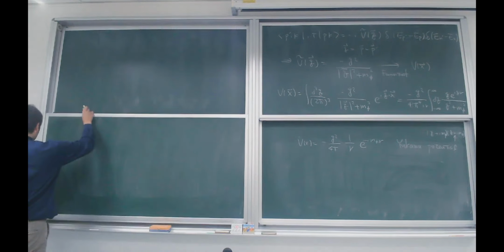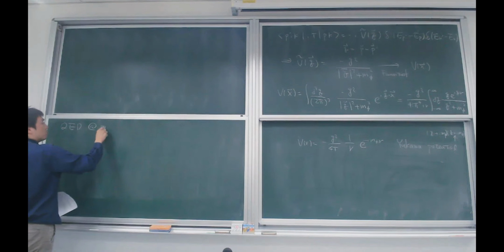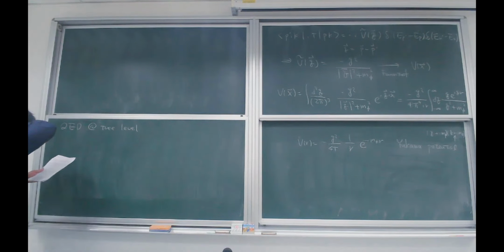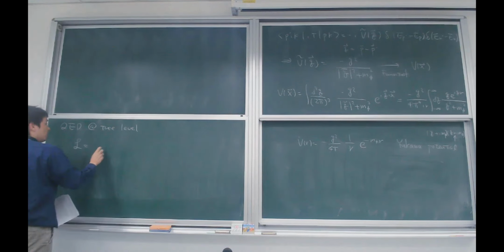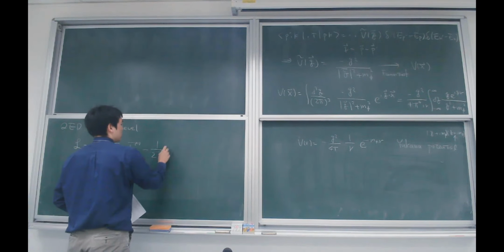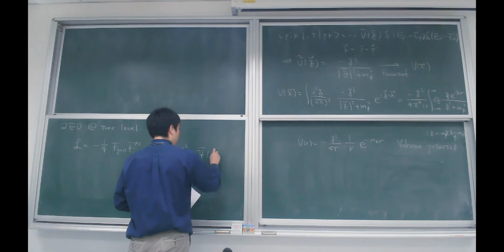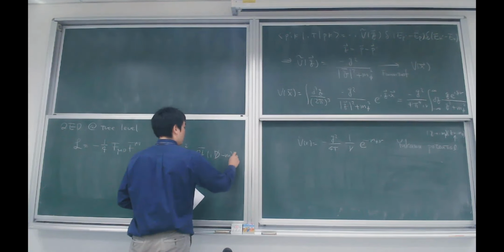So QED. Now we will do QED at tree level. So the Lagrangian, we already know: the minus 1/4 F squared, minus the gauge fixing term, and then psi bar i D-slash minus m psi.